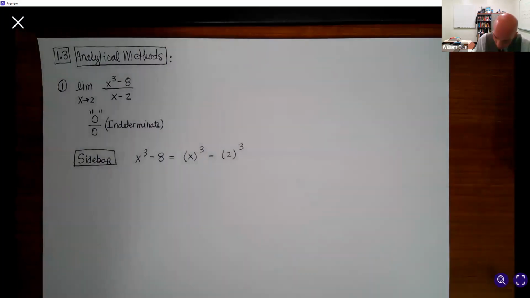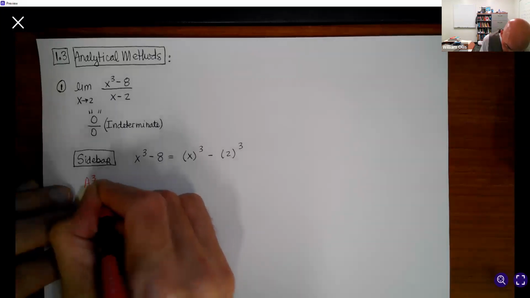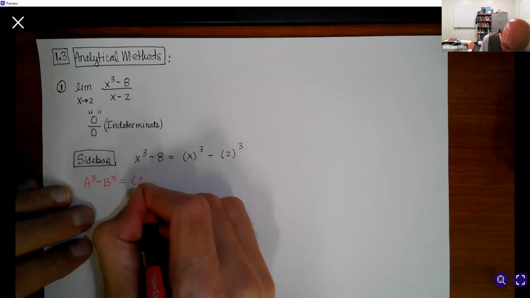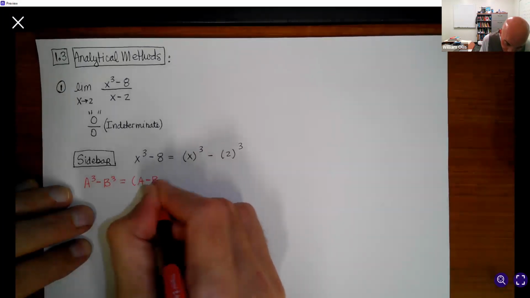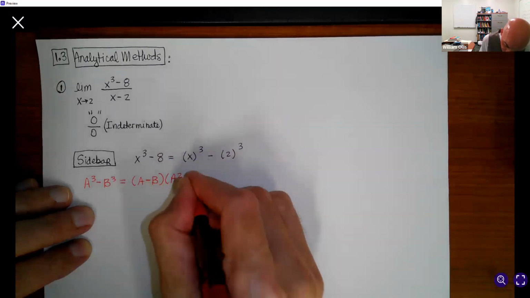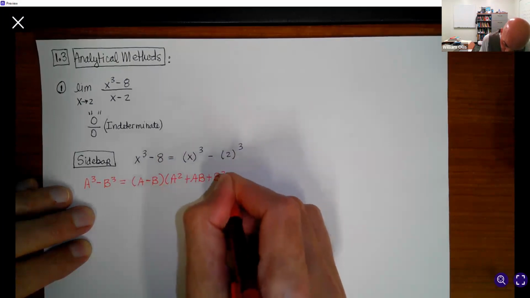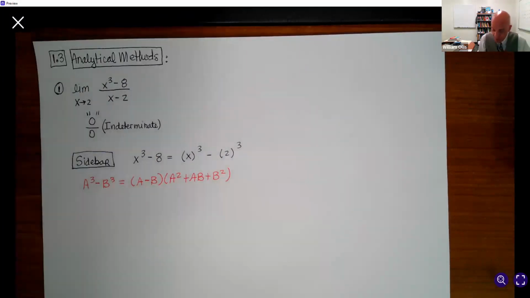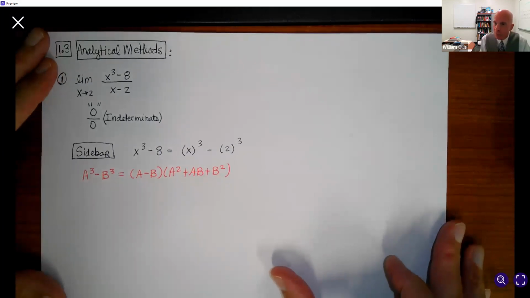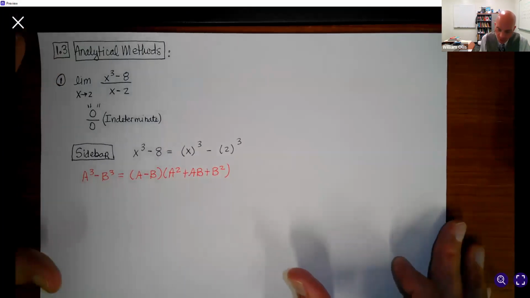So let me write that identity here: A cubed minus B cubed equals A minus B times A squared plus AB plus B squared. When you take pre-calc and college algebra, this is one of your handy formulas for solving equations, but we don't always remember everything we need as we move to new courses.